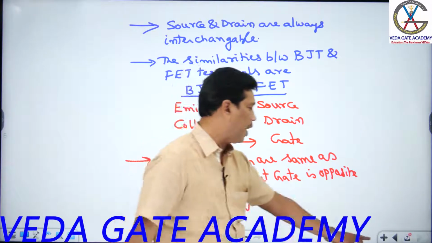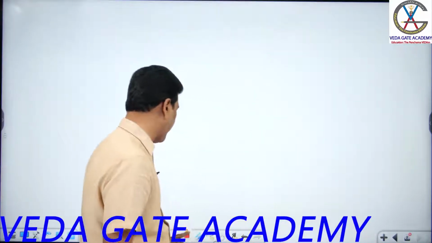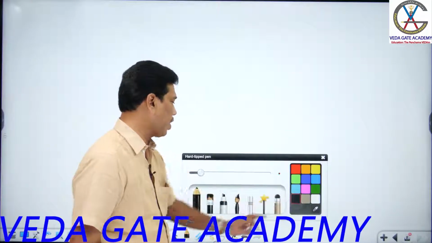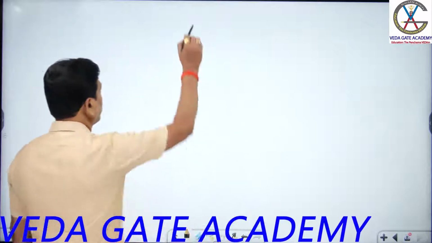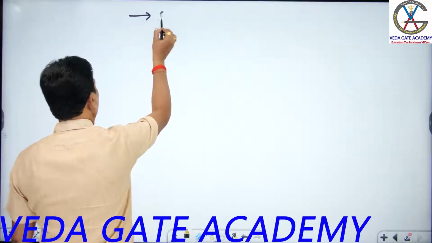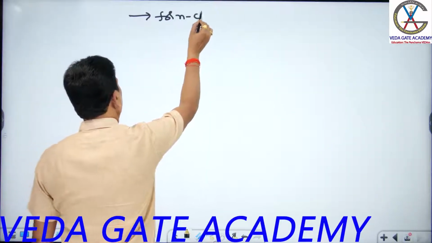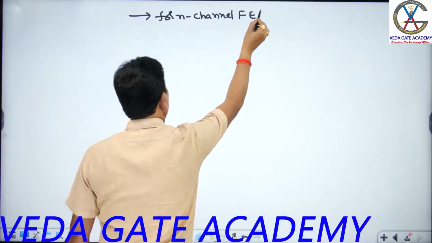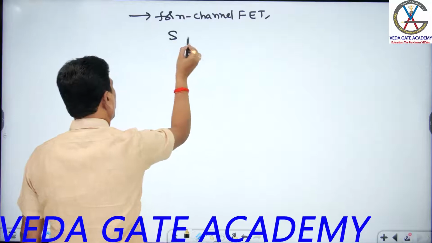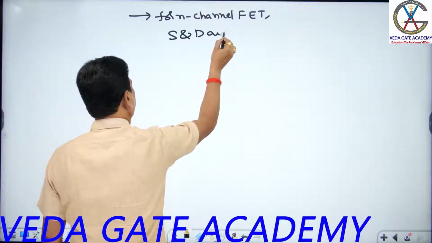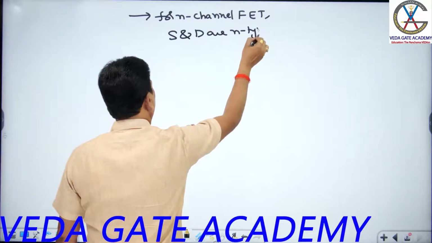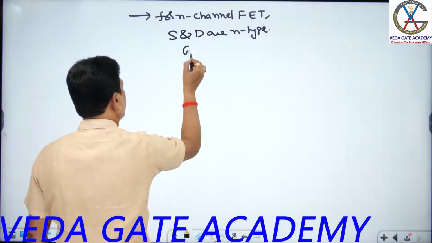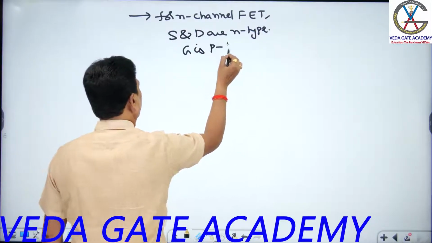Suppose if I go for N channel FET, source and drain are N type, you can call. For N channel FET, students, source and drain are N type. So gate is opposite, that is gate is P type.